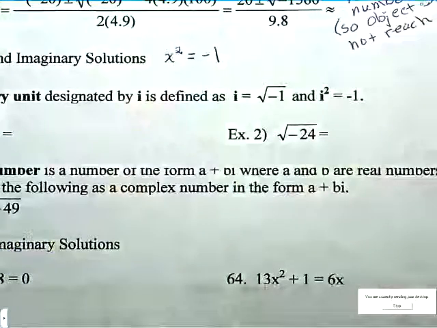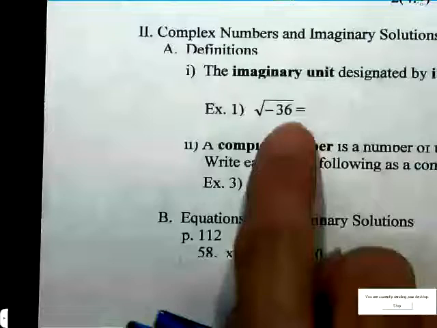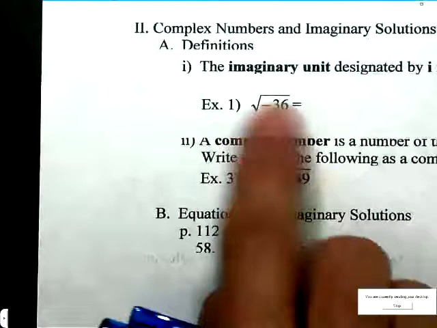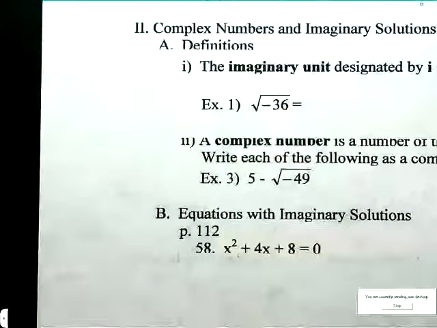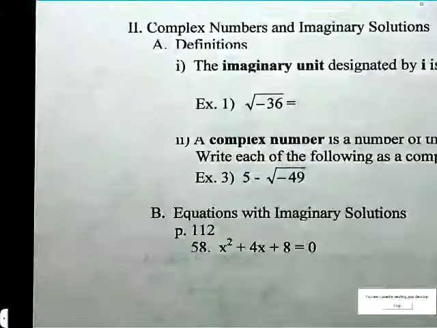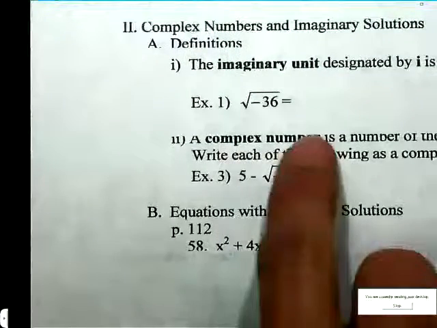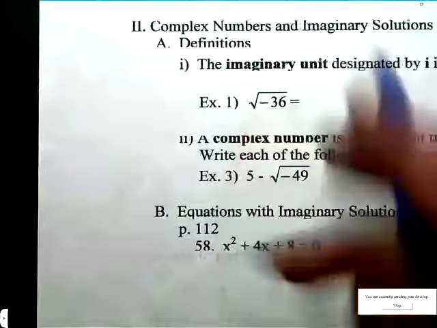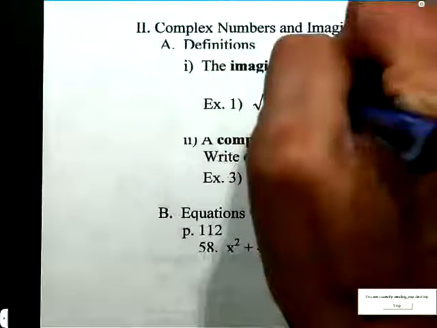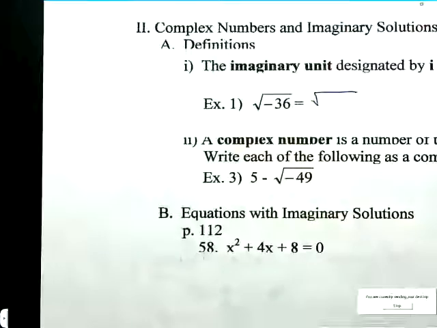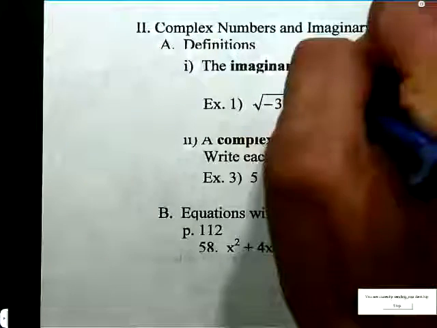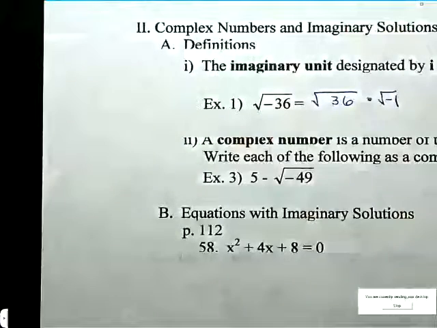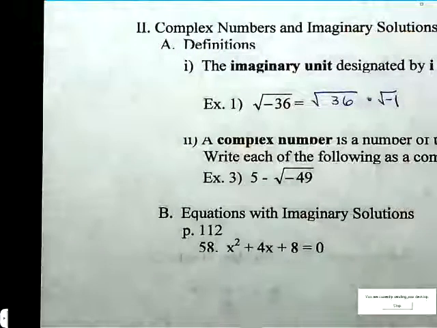So what do you do with it? Well, if we're using the quadratic formula and we come up with the square root of -36 as part of the quadratic formula, up until now, I would have just written not a real number. But now I realize I can write that square root of -36 as the square root of 36 times the square root of -1. I'm just breaking the negative apart by factoring.